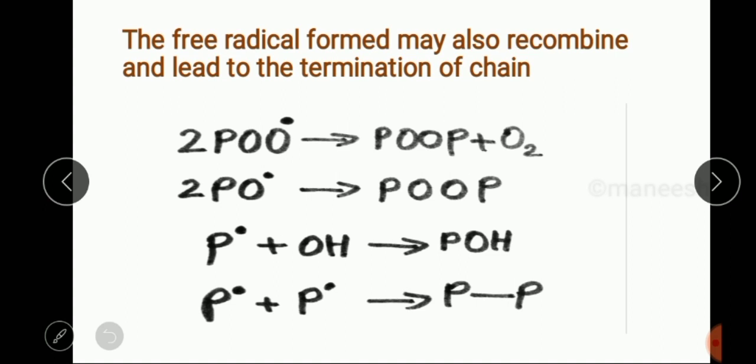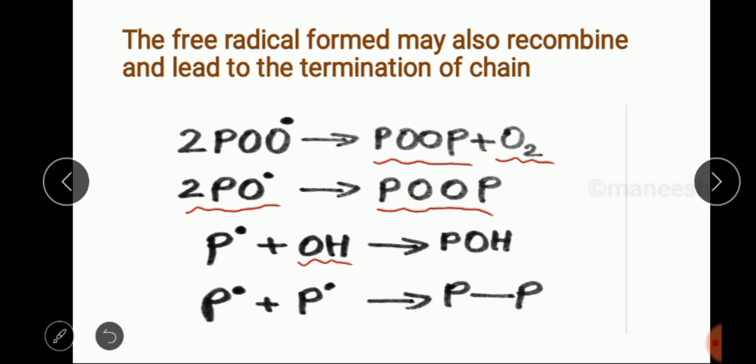Now if two molecules of the peroxide radical combine, you will get POOP and oxygen. Similarly, when these two free radicals combine, you will get this. This is what termination leads to. If a free radical combines with an OH free radical, what happens?